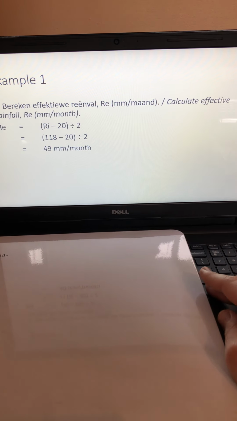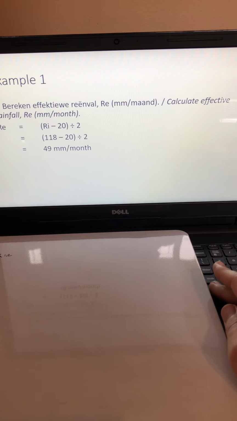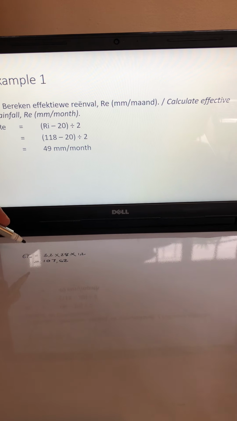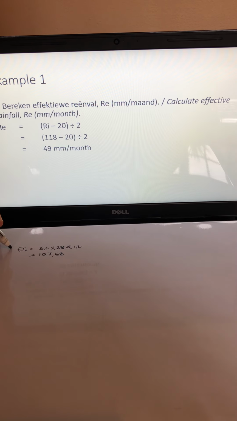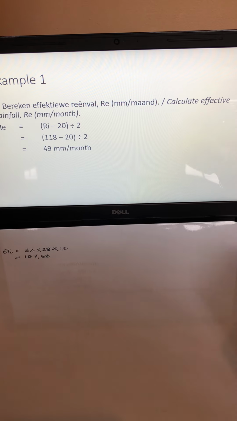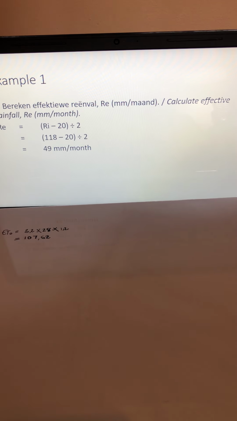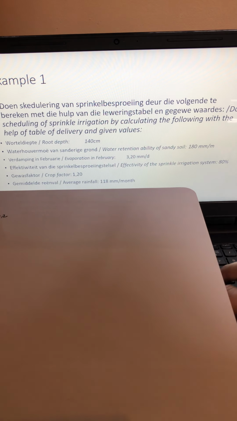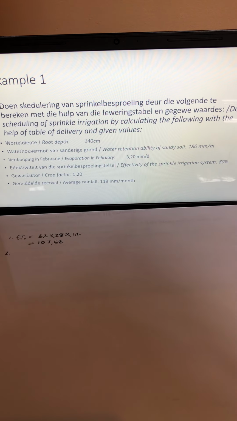Okay, so the next one is effective rainfall, and like we know from one of the older videos, effective rainfall is the rainfall that actually ends up on the soil and can be used by the plant. So that is the monthly rainfall, which is right at the bottom.